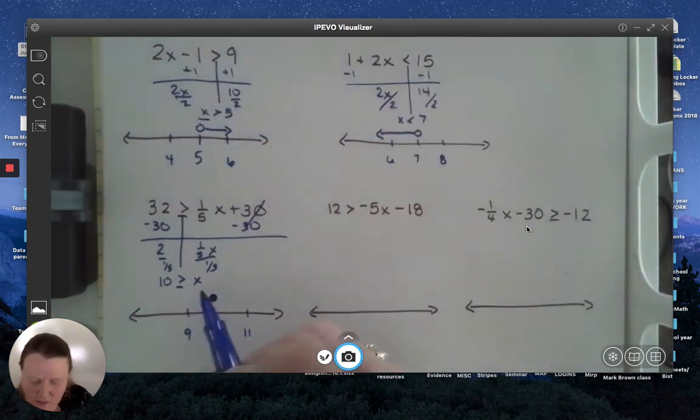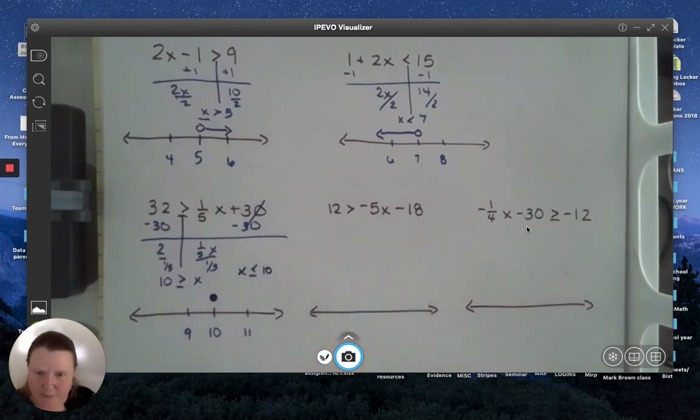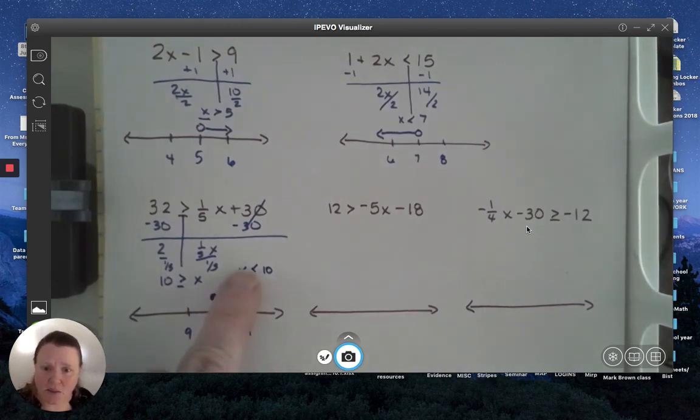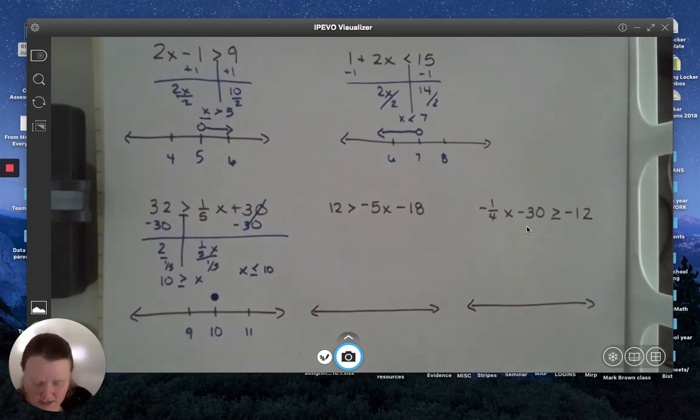And so if I want to rewrite this one, this is the same as x is less than or equal to 10. So let's just think about it. Over here, an answer that would work would be 1. 10 is greater than 1. True. Will 1 also work over here? Is 1 smaller than or equal to 10? Yes. So flipping the symbol when you move the x to the opposite side is required, unlike when you have an equal problem, you can put it on either side and it doesn't matter.